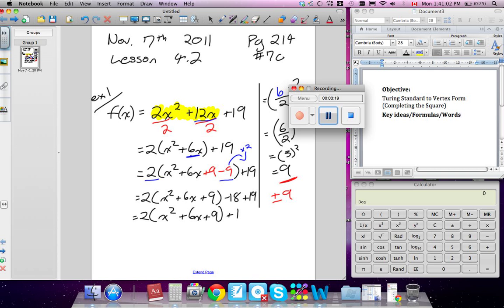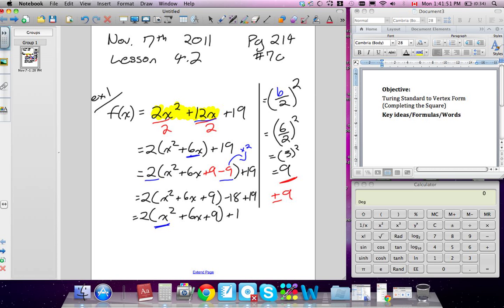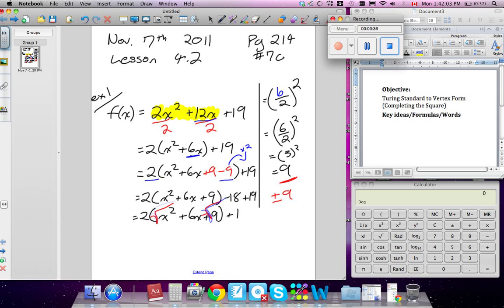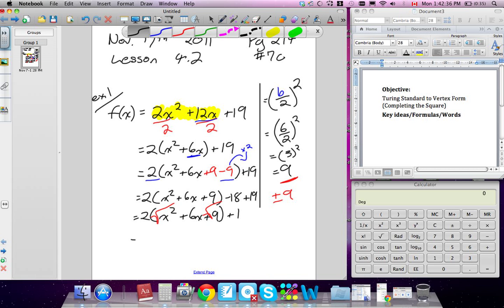So what's important next? Okay, so what's very important is what I've created is a perfect square trinomial, which means I can square root the first and the last term inside the brackets. The reason we're finding the square roots of those numbers is they're going to go into one bracket.